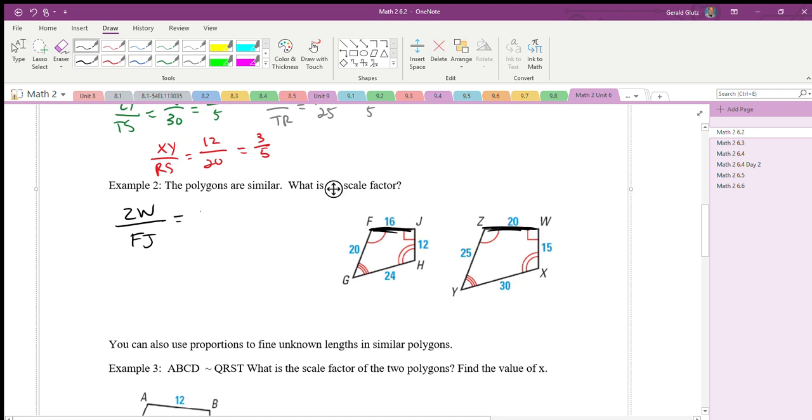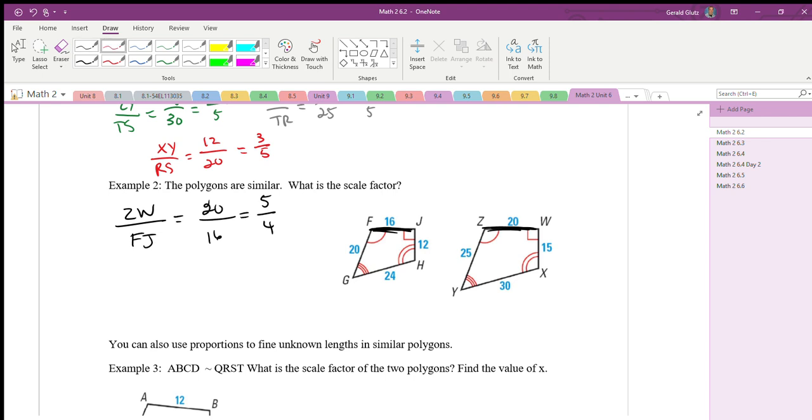ZW is 20, FJ is 16, so reduce: 4 goes into 20 5 times, and 4 goes into 16 4 times, so 5/4 is our scale factor.